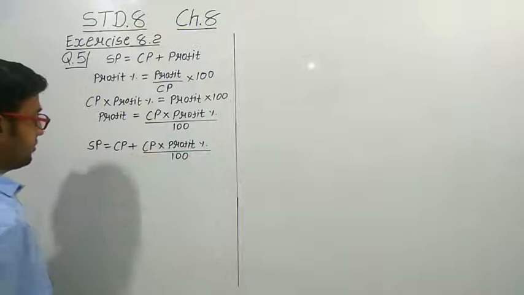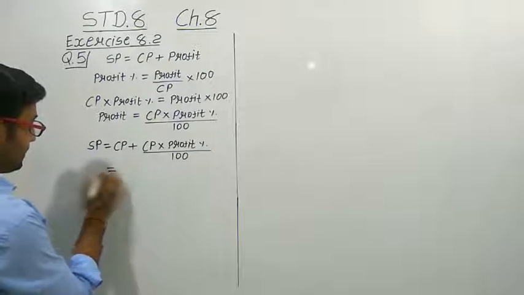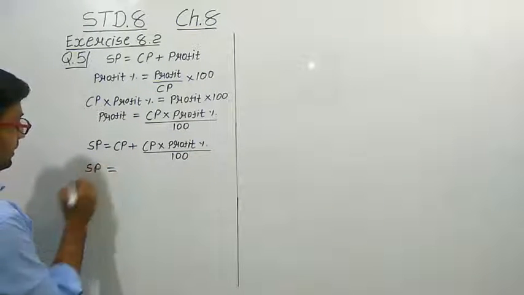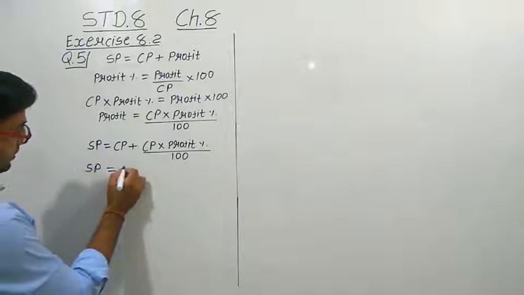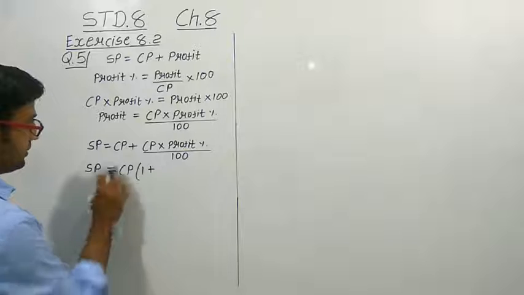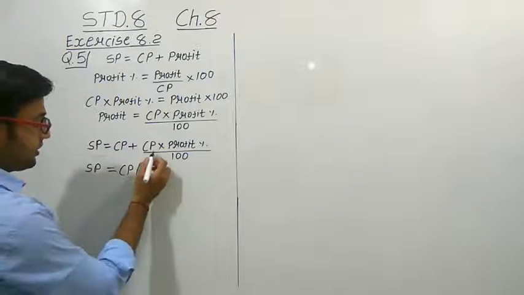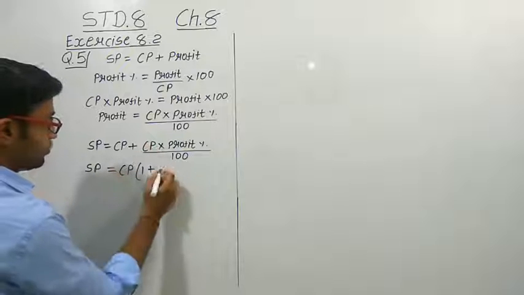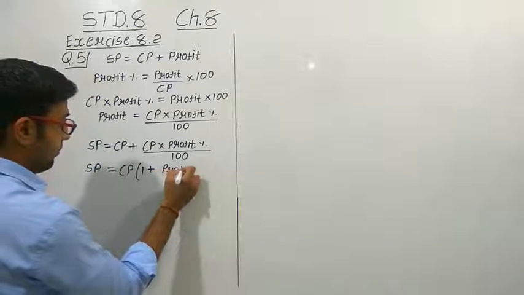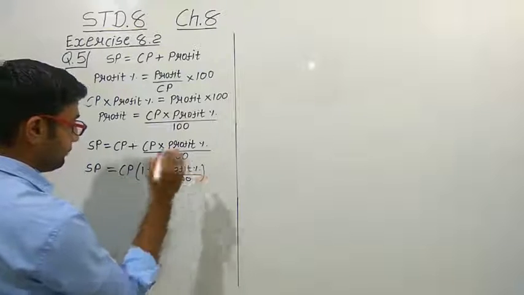So in both these terms, we can take CP as a common, right? So when we take the cost price as a common, we get selling price is equal to cost price into 1 plus, see, here if we take CP as a common, only 1 will remain, right? Here also CP is taken as a common, so what will remain here is profit percentage upon 100.